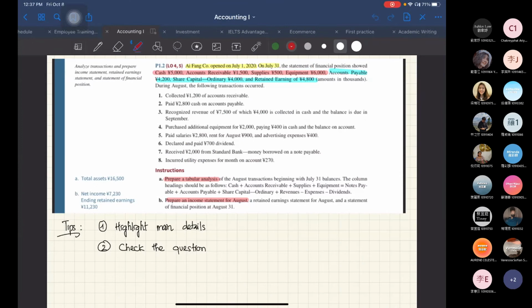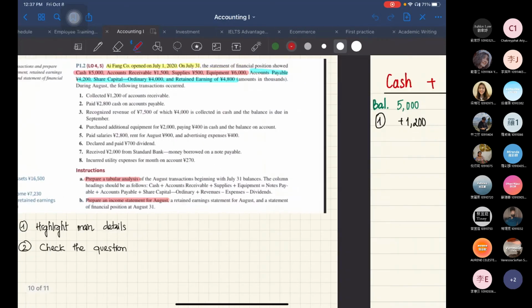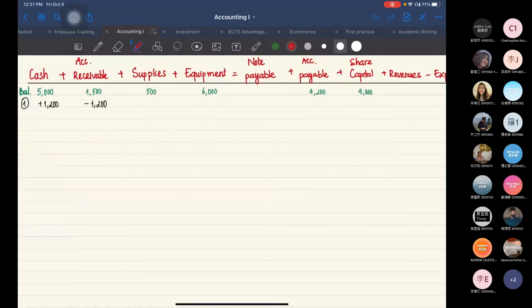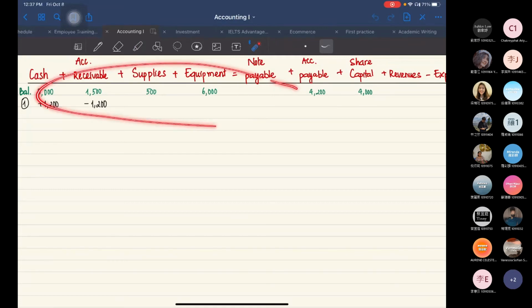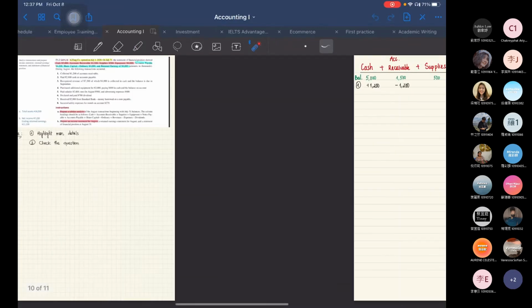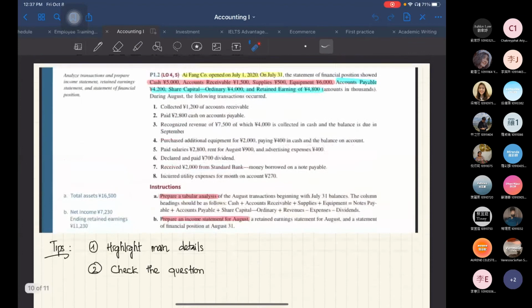So, did anyone finish this table yet? This table, the first question. Did you guys finish it?